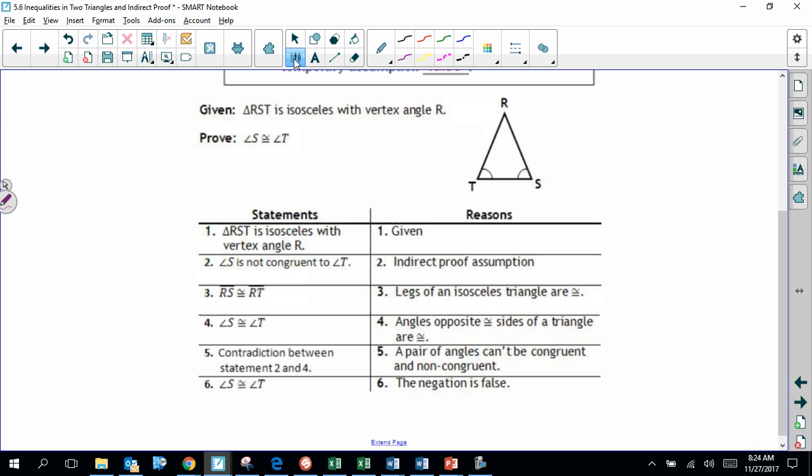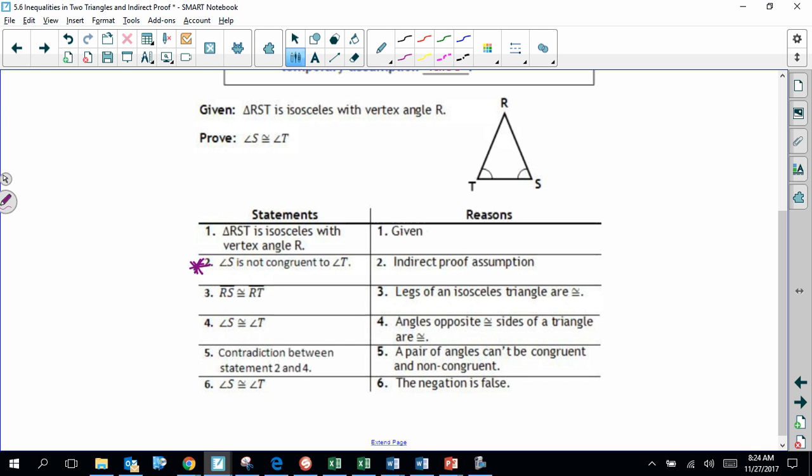And that's what we're seeing here at step 2. This is that assumption where, for the time being, we assume that the statement we're trying to prove is false. And so we go through the following statements. RS and RT are congruent to each other because they're the legs of an isosceles triangle. Angle S and angle T are congruent to each other, because angles opposite congruent sides have to be congruent to each other.